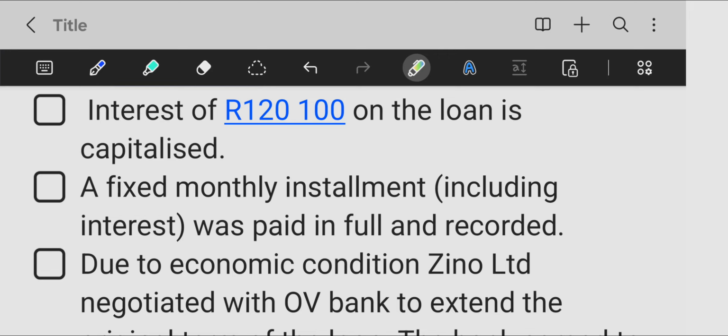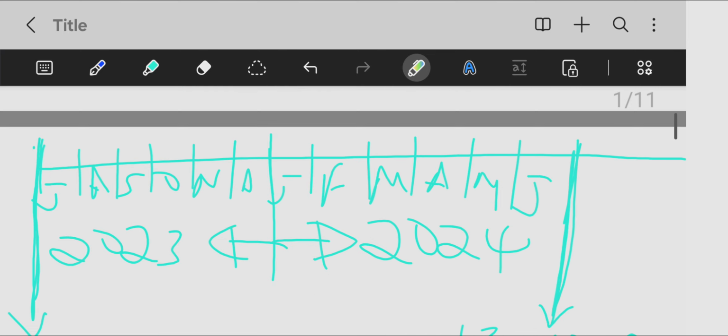The amount that you put on your statement of financial position is to say, these are the balances as at this particular date that I'm reporting on. And what is the particular date that we are reporting on? It is the 30th of June, 2024. Listen to me very carefully and make logic of this.